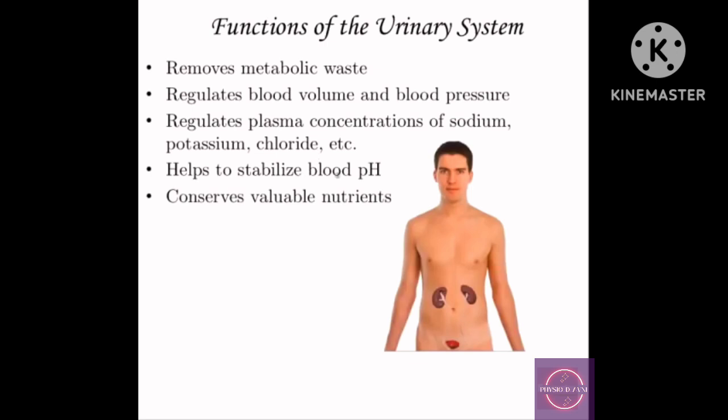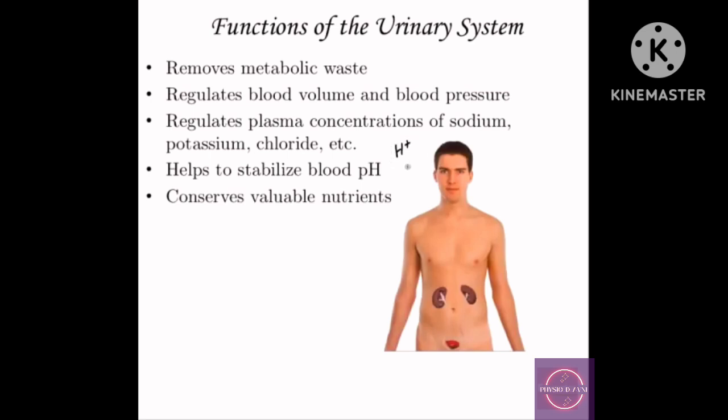And it also helps to stabilize blood pH. In addition to getting rid of stuff like sodium or hanging on to it, hanging on to H+ or getting rid of H+, these hydrogen ions, has an effect on pH. In addition, bicarbonate ions have an effect on the alkaline levels.